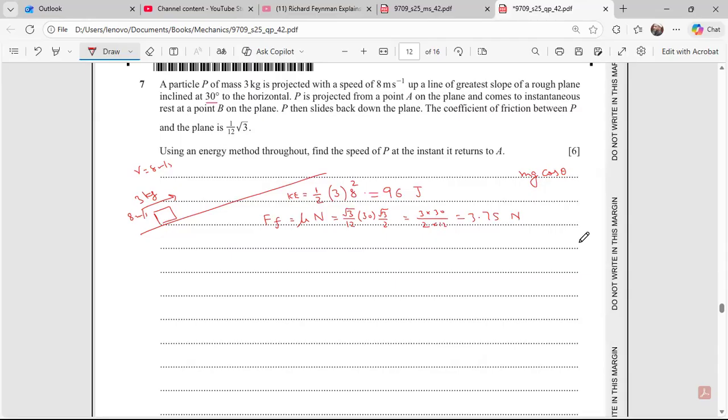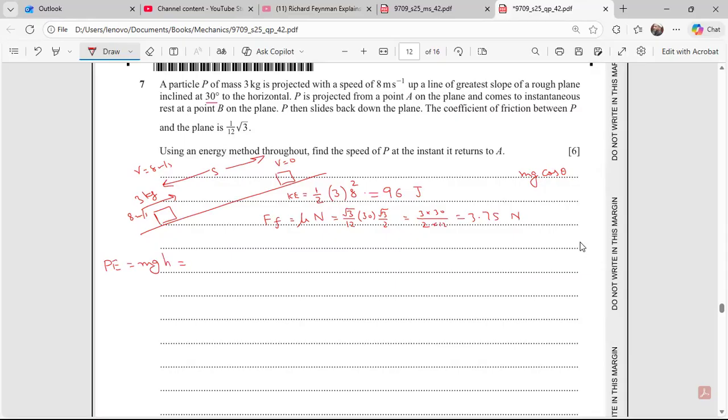So when it reached at the top, when its speed becomes 0, it has traveled some distance. We do not know how much is distance. Let's assume that it traveled the distance of s meters, right? Now how much is the vertical height it has achieved? Because the potential energy is equal to mgh.